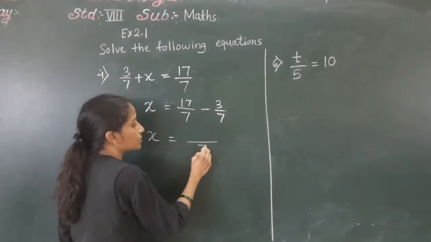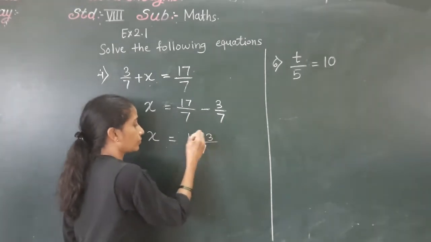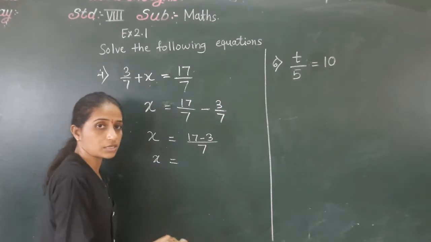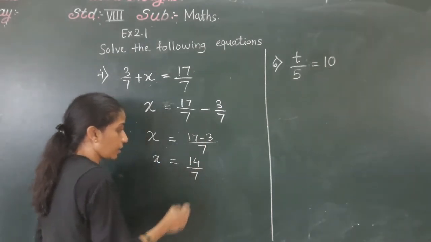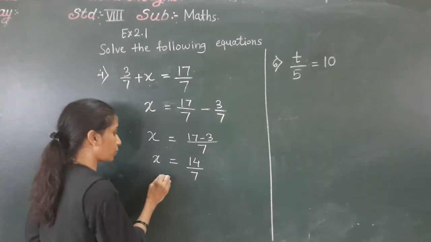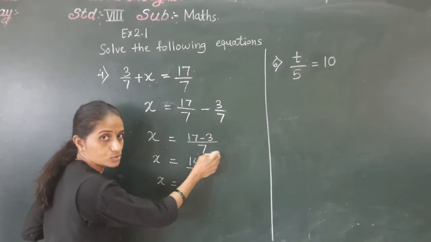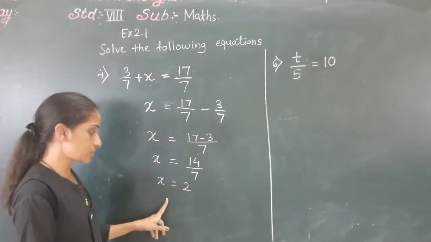So write the denominator once, 17 minus 3. So x is equal to 17 minus 3, 14. 14 upon 7. Now 14 upon 7 you can reduce to the lowest term. Yes, 7 ones are 7, 7 twos are 14. So what is the answer? 2. X is equal to 2.